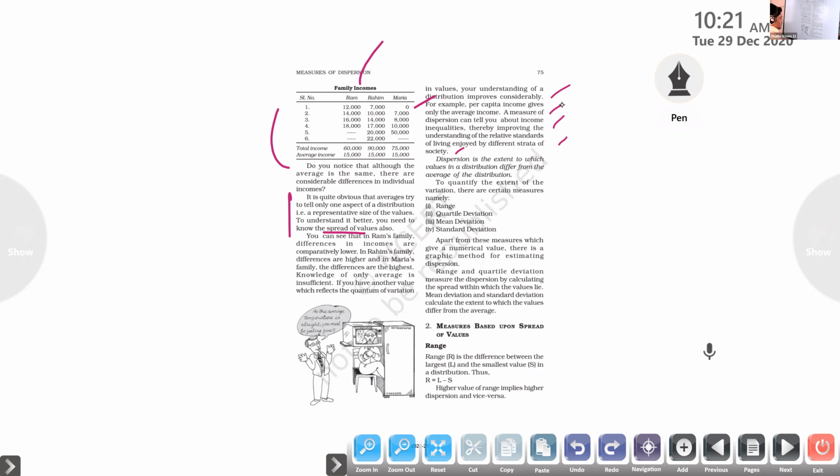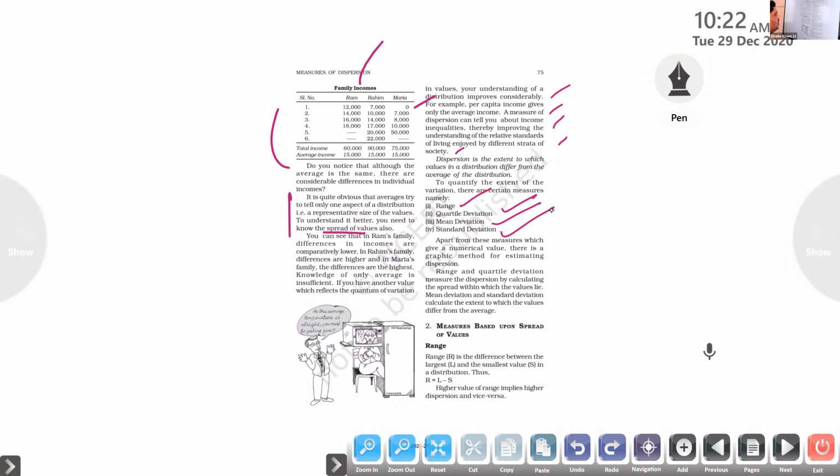Clear? To find out the extent of the variation, there are certain measures. For measures of dispersion, we are using 4 different methods here. What is that? Range. Quartile deviation, we studied already. Mean deviation, studied. Standard deviation. We can find out the range, the quartile deviation, mean deviation, standard deviation. All are examples of measures of dispersion here. It is different than the measures of central tendency, averages.